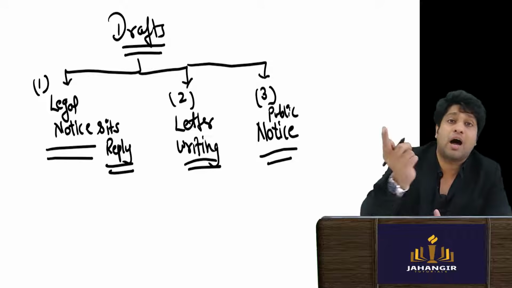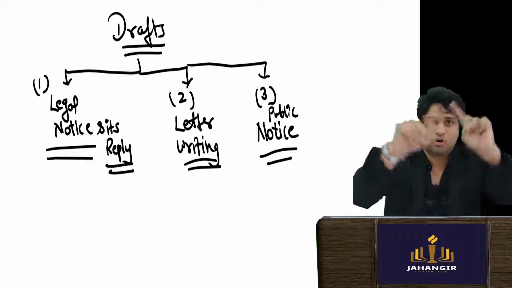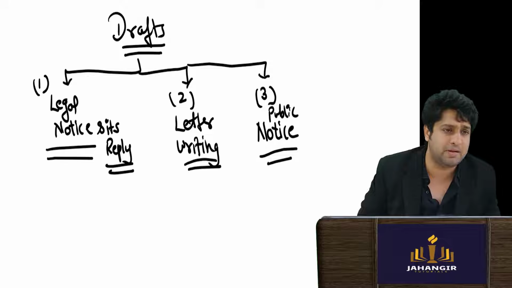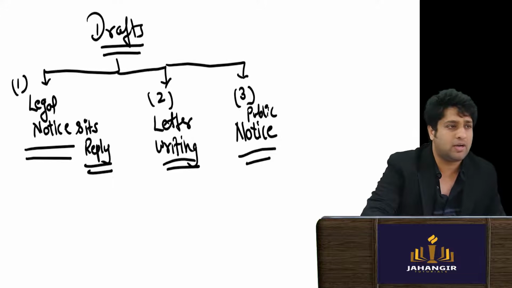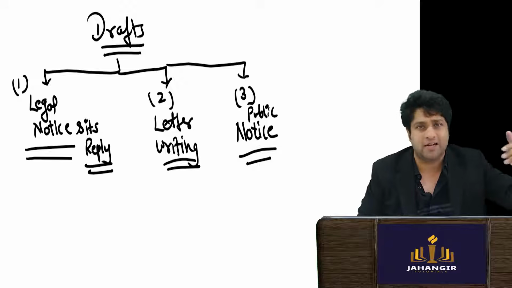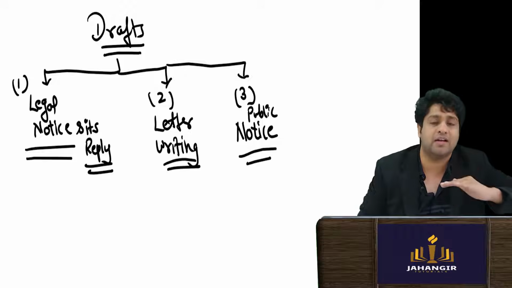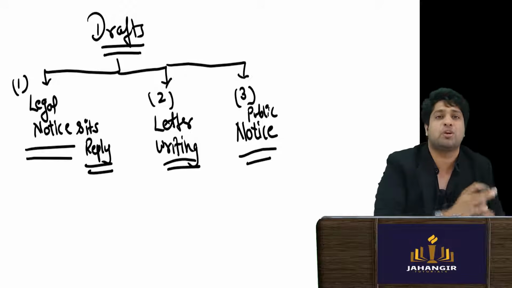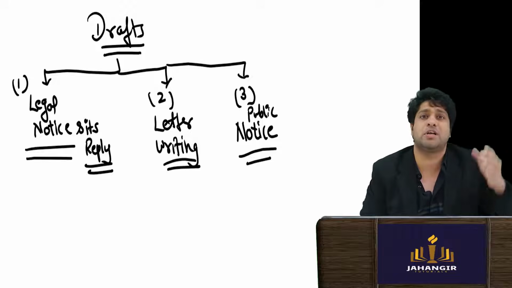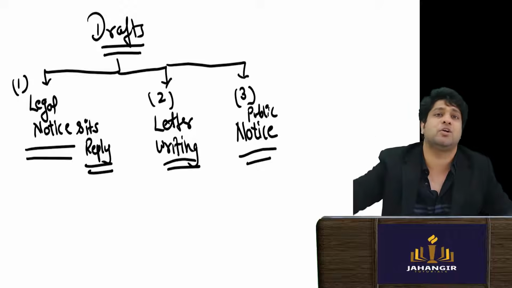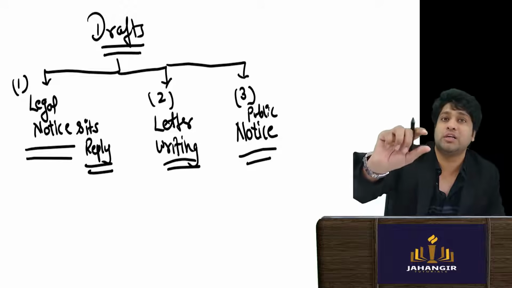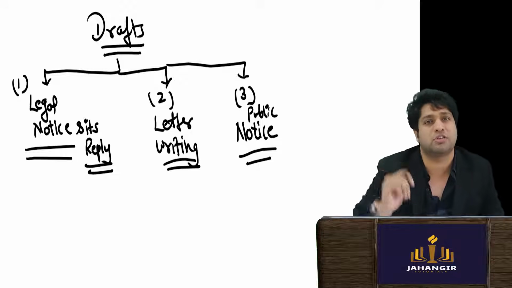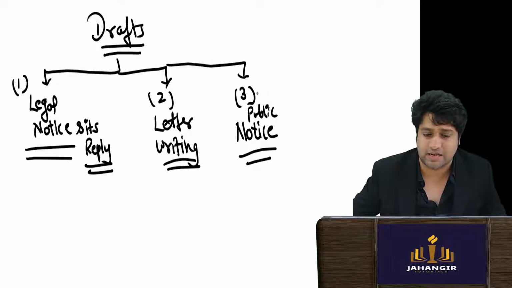So how will that newspaper advertisement notice be made? I am just going to do one for one of my clients also. It is basically a transfer of a flat, and for transferring the flat we have to give a public notice in 2 newspapers, because it is a transfer to a person other than the nominee. You don't need to know that, but I'm telling you practically what we are doing. So learning how to draft a public notice is also there, and it comes in your examination.